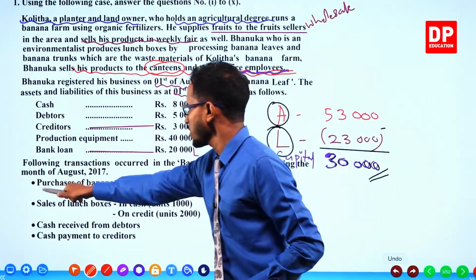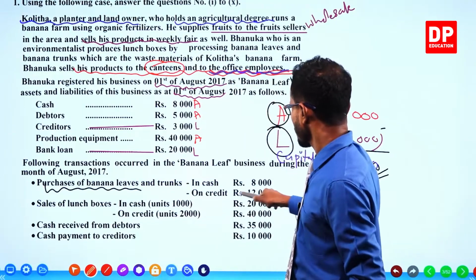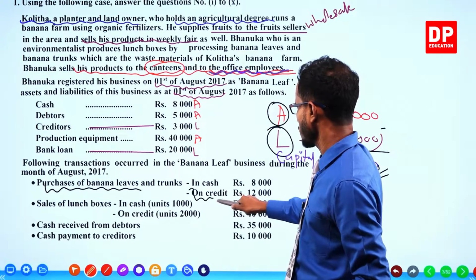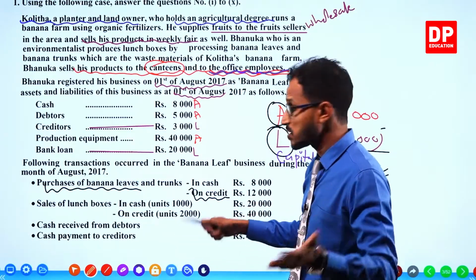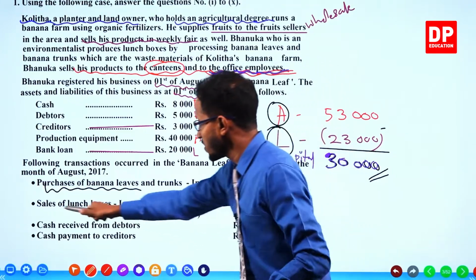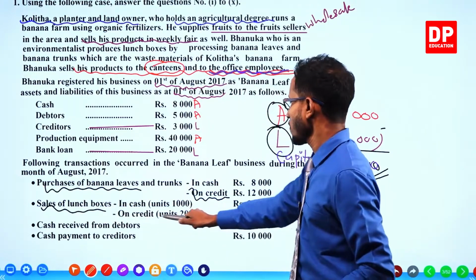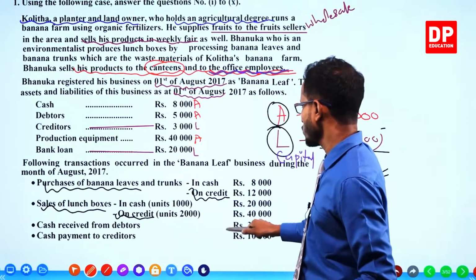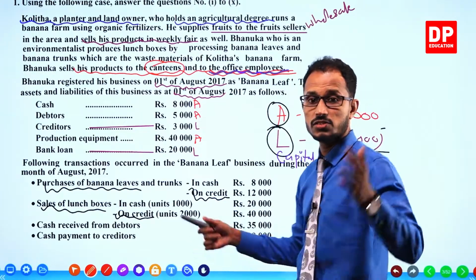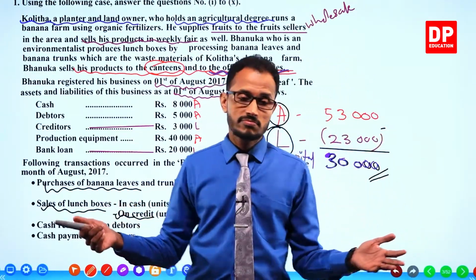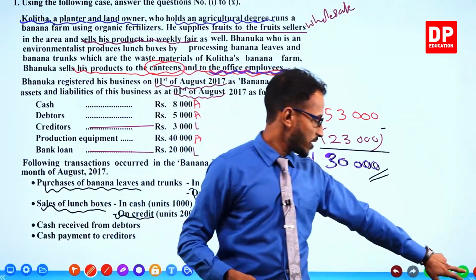Purchasing on credit goes to the purchases journal. Selling on credit goes to sales. What else?